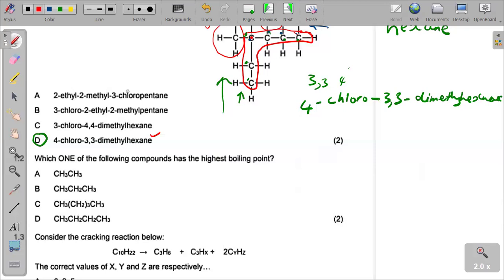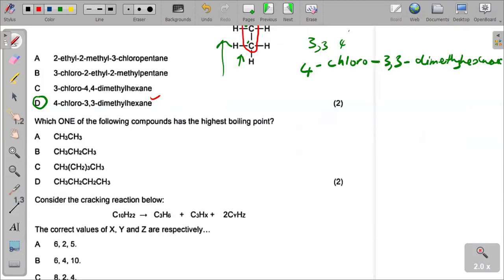Now, since all of them are alkanes, the one with the highest boiling point is the one with the longest chain, which is the one with the biggest number of C atoms, because they are all forming straight chains, right?